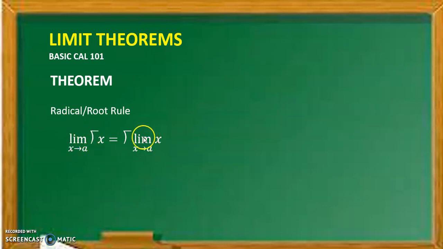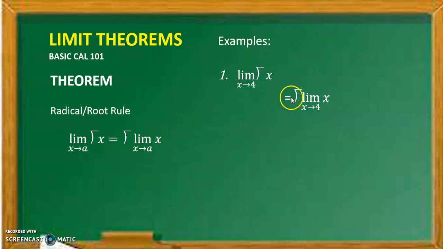So, let's have this. The limit of the square root of x when x approaches a is equal to the square root of the limit of x when x approaches a. You know, this radical or square root just means that the exponent of this x is 1/2. So, we can extract it, or rewrite it as the limit of x raised to 1/2 when x approaches 4.